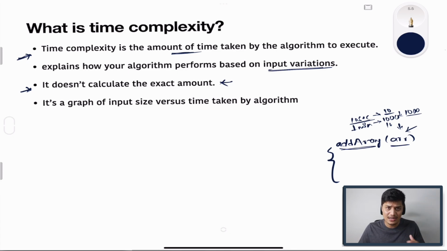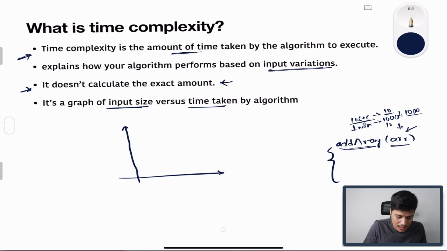Rather, what we will do is graph the units of time our algorithm is going to take with respect to input size, which will give us the overall time complexity analysis of our function. What I mean by that is we try to draw a graph. On the x-axis we usually take the input sizes, and on the y-axis we will consider the time taken.